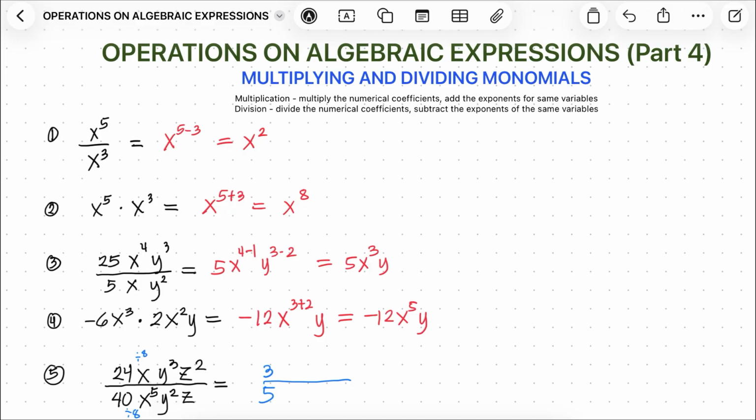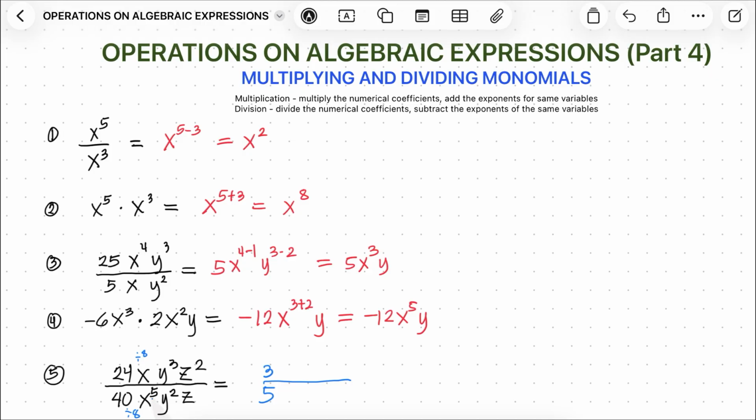Next, we have x up here, and we have x raised to 5 down here. So what I usually do is to subtract. So that will be x raised to 4, right? But I will always place it where the higher exponent is.